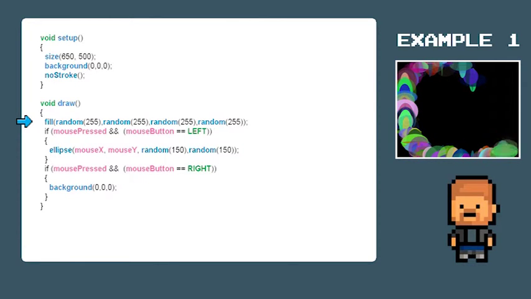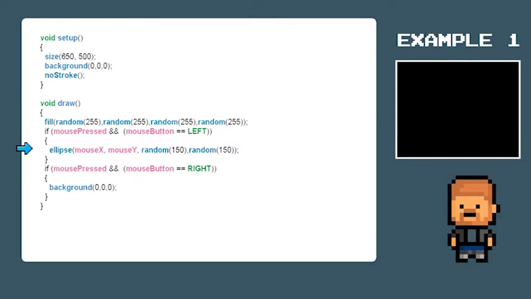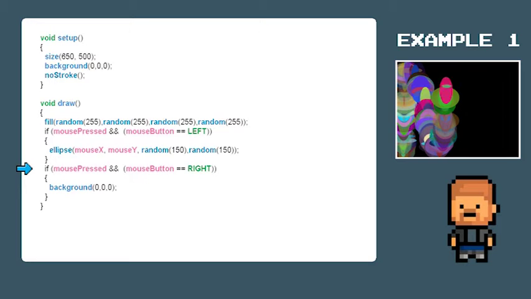We now have two conditional if statements, one if we press the left and one if we press the right. If we press the left, it will draw an ellipse at the mouse X and Y position of a random width up to 150 pixels and a random height up to 150 pixels. If we press the right mouse button, we will call the background command, blanking the screen.